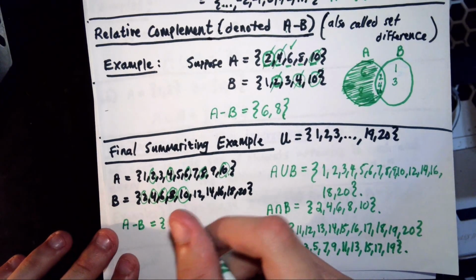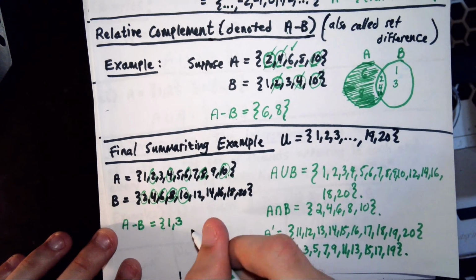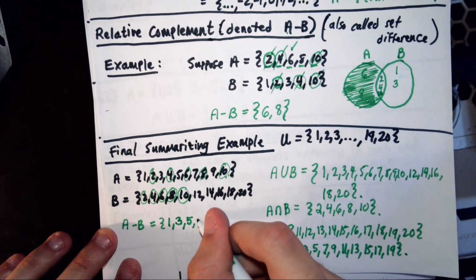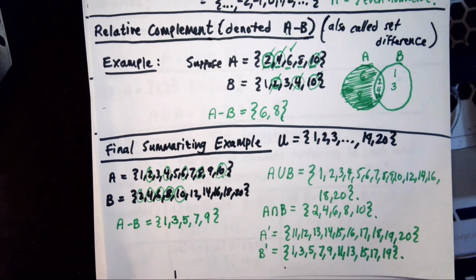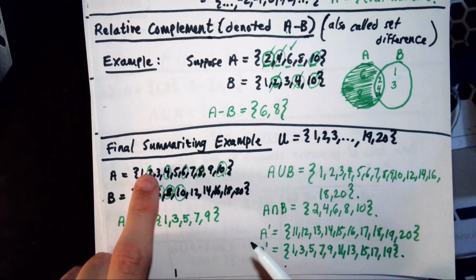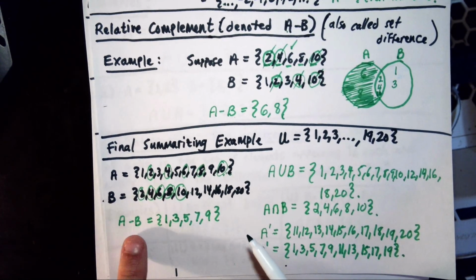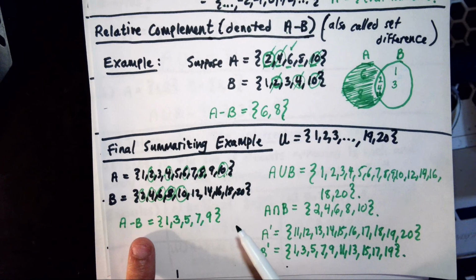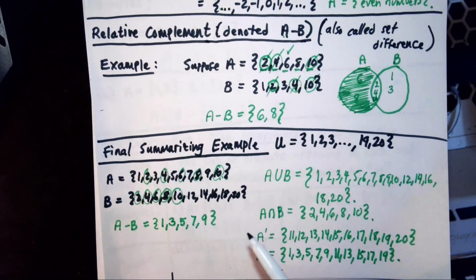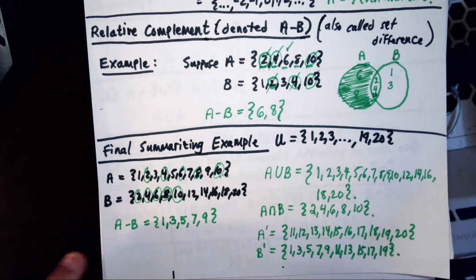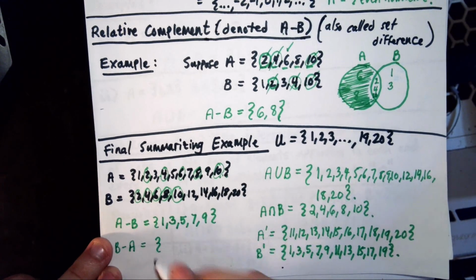So we're going to write out all of the odd numbers here: 1, 3, 5, 7, 9, right? So we only write out the odd numbers in this list because the even numbers appear in B. But remember, when we're doing A minus B, it's like we're throwing out all the stuff from B that's also in A. Next, I guess lastly, we'll do B minus A, which won't be the same thing, right?